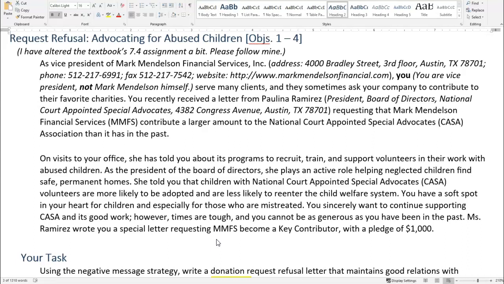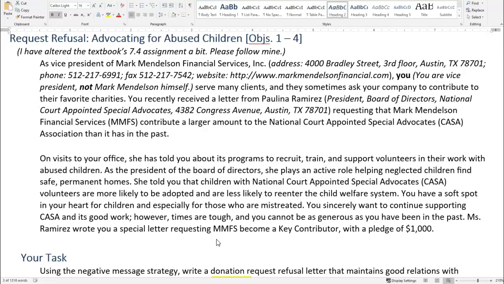Y'all are having financial difficulties, and you can't be as generous as you've been in the past. To keep this in mind, you handle her retirement and her investments. So you do not want to tell her, your client, that you are having financial problems, because that's how people spread things and that's how companies have problems.